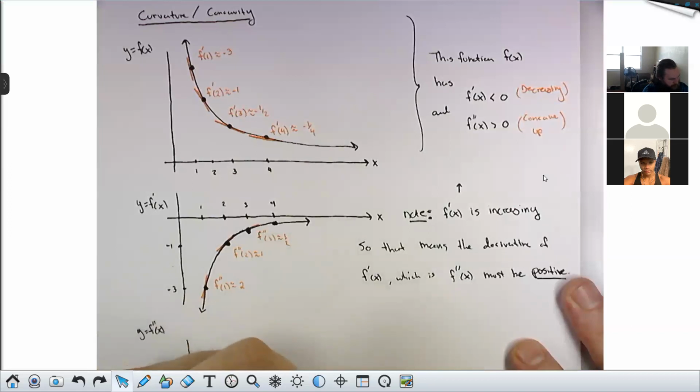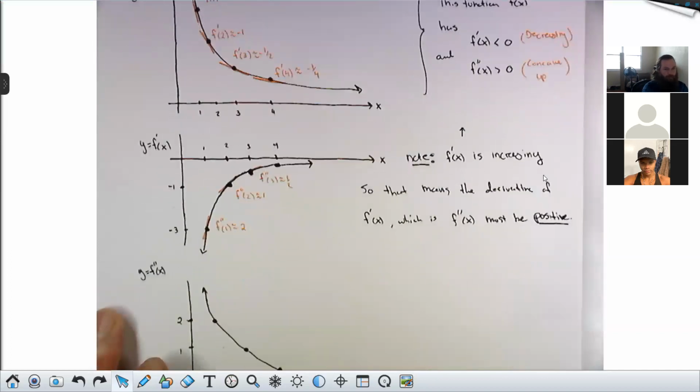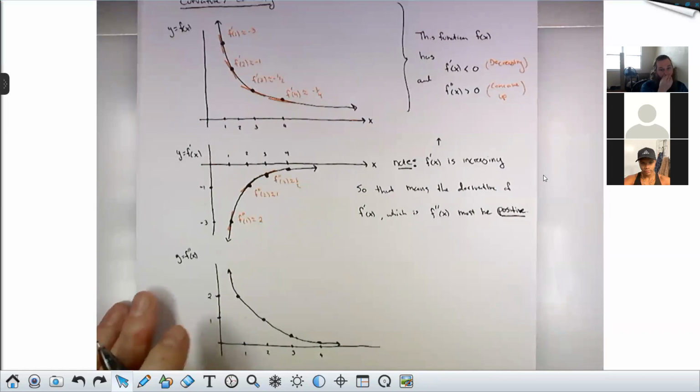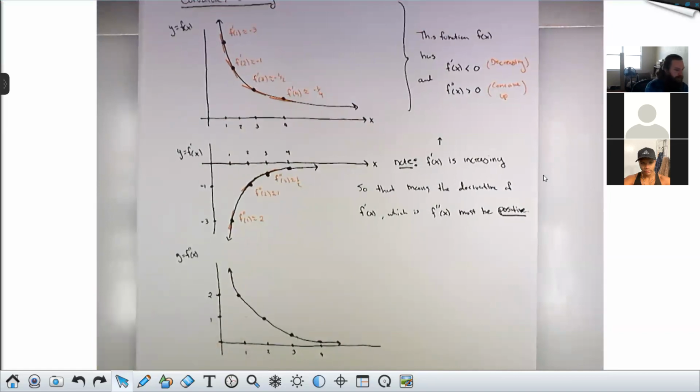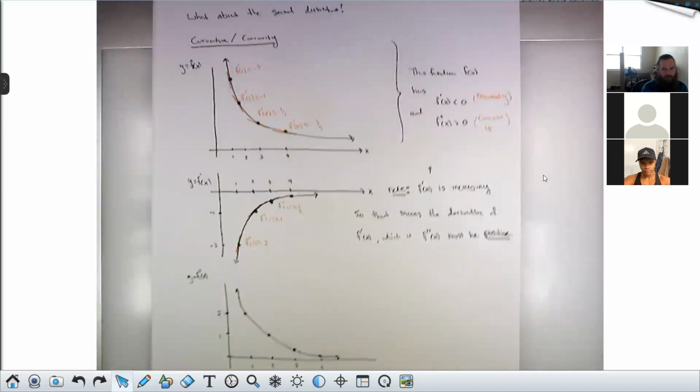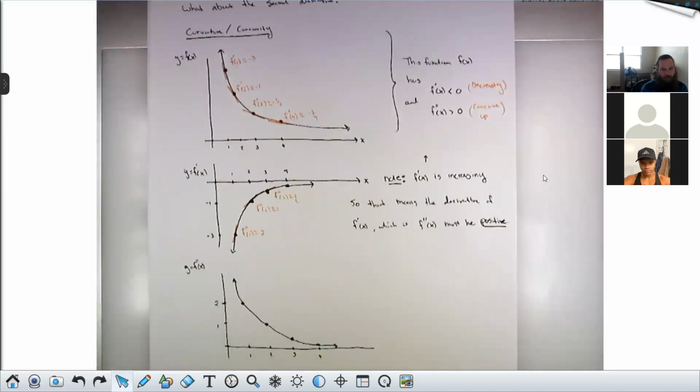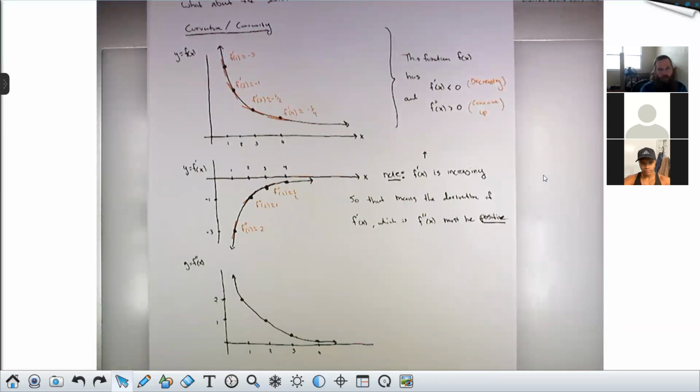In particular, it's positive. So f double prime here is positive. So let me zoom out for a minute. It's really the top two things here that matter. The sketch of f double prime is not super important here.